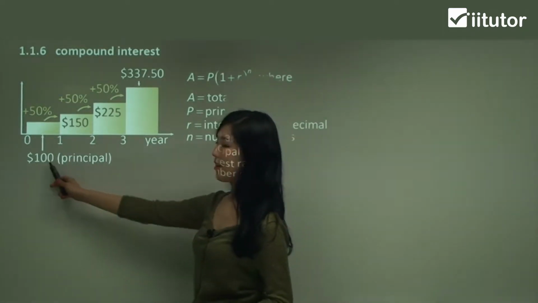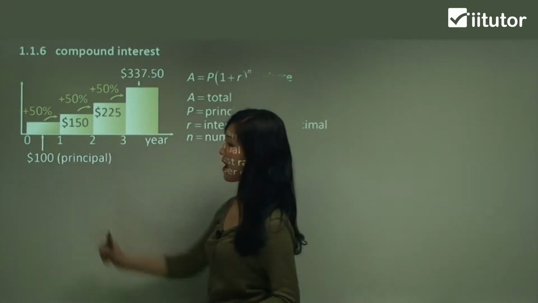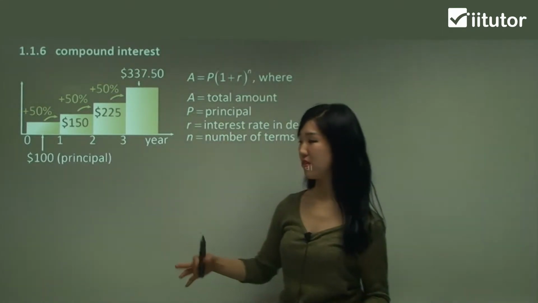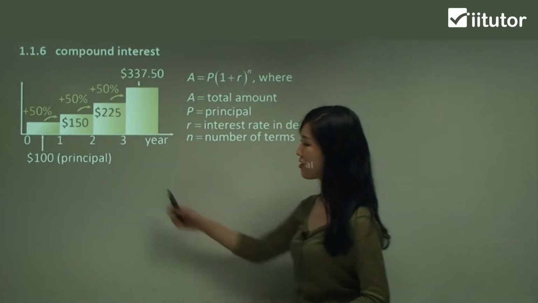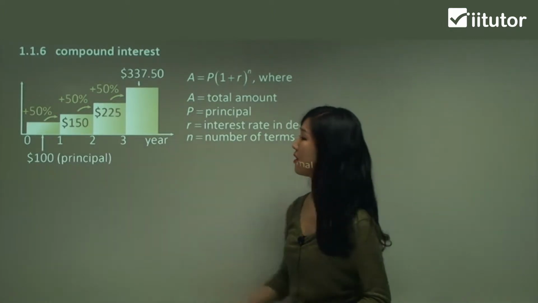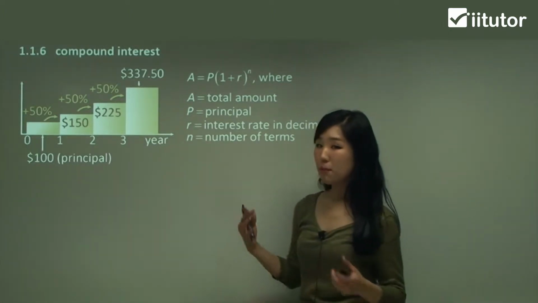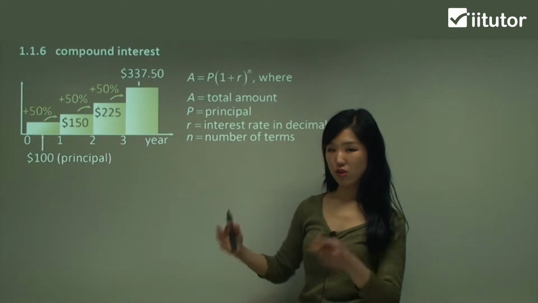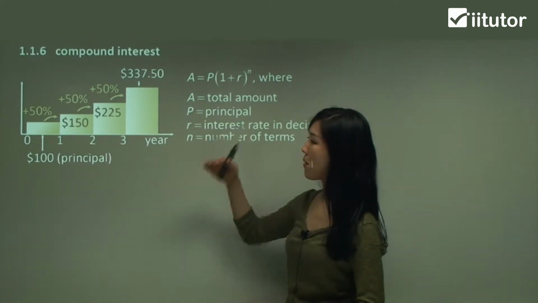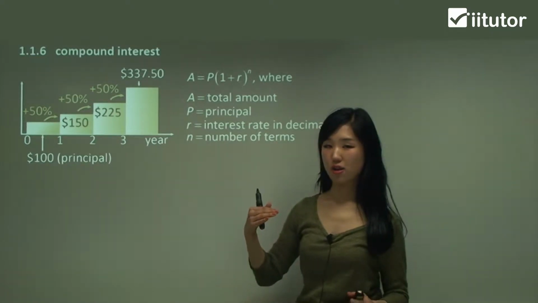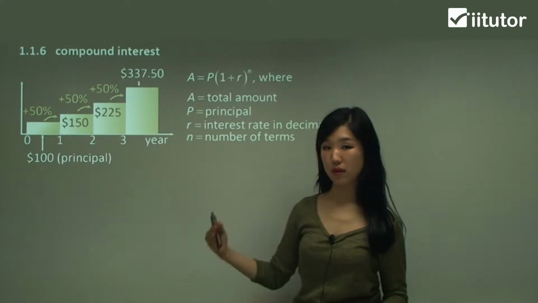Let's say our principal value is $100 as well, okay? Like I explained with the simple interest, the same principal value, and it's over a 3-year period. Now, whereas with simple interest we charge a fixed interest per period, with compound interest the interest being charged gets a little bit higher every period.